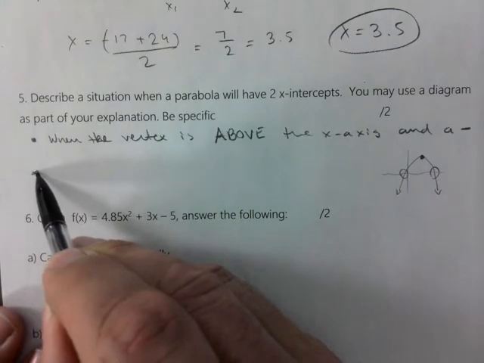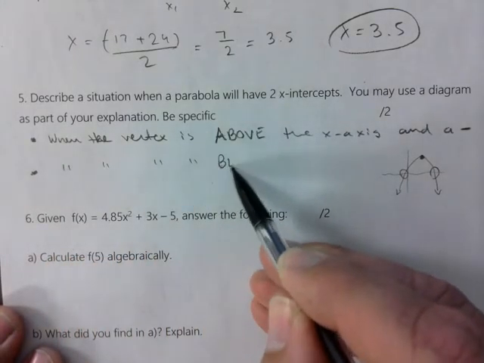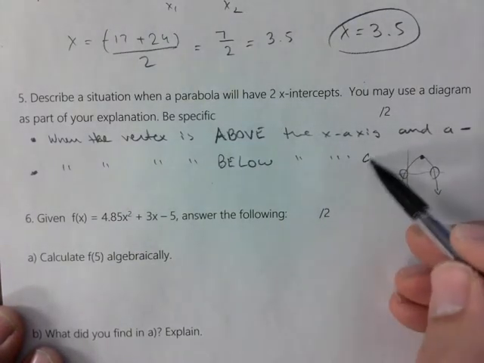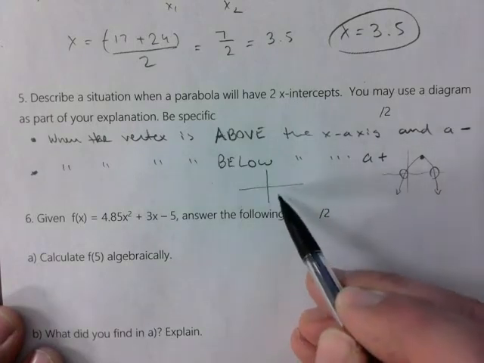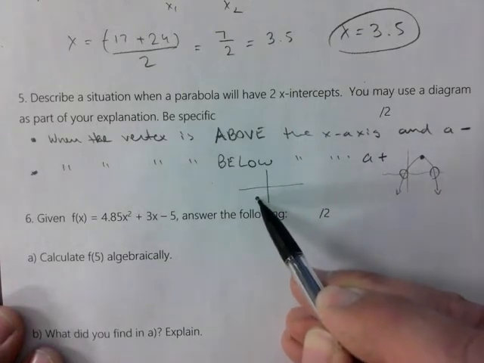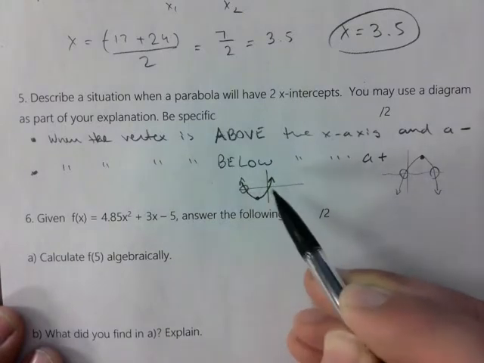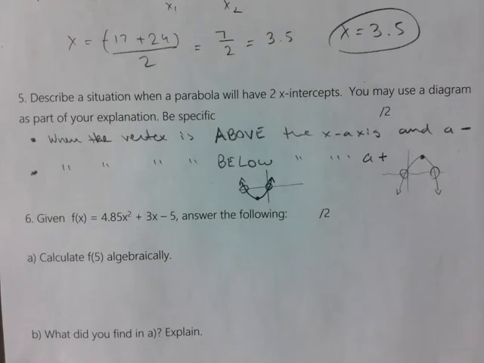And the alternative would just be when the vertex is below the x-axis and a is positive. Because if the vertex is anywhere below and a is positive, we're doing this, so there are your 2 x-intercepts there. You can use that to state it.